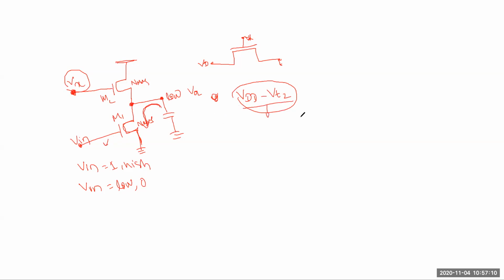Then after some time it's VDD by 2, VDD by 2. So it will finally drive the circuit, whatever circuit, inverter or buffer, and the output will be an incorrect value.